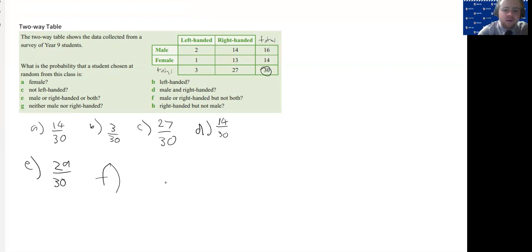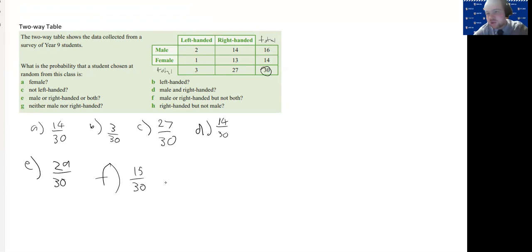For F, male or right-handed, but not both, means that we've got to include the males who are not right-handed, so the two males that are left-handed, and then we're going to include the females who are right-handed. So it's going to be 2 plus 13, which gives us 15 out of 30.